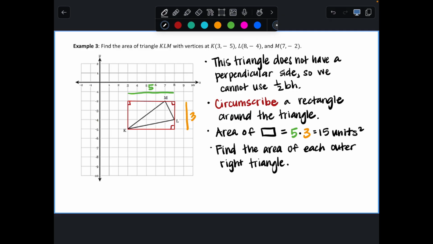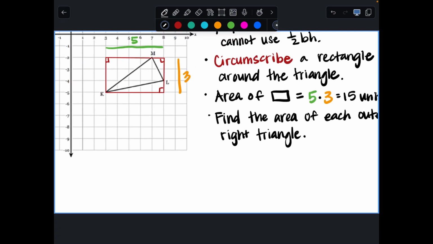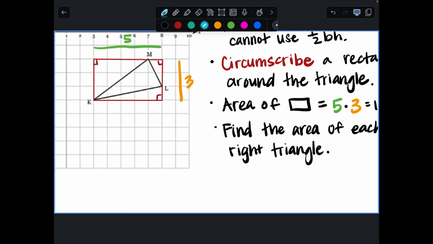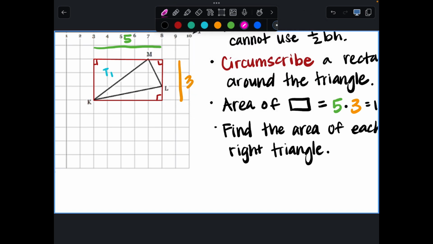So we're going to calculate the area of each outer right triangle and then subtract it from the area of the rectangle to get the area of the inner triangle. So I'm going to label my little outer triangles. Triangle 1, triangle 2, and triangle 3.